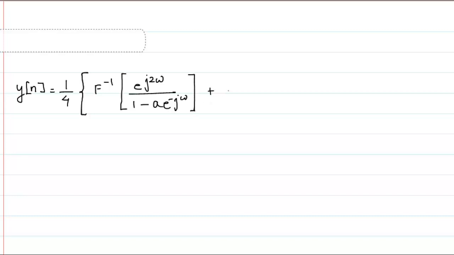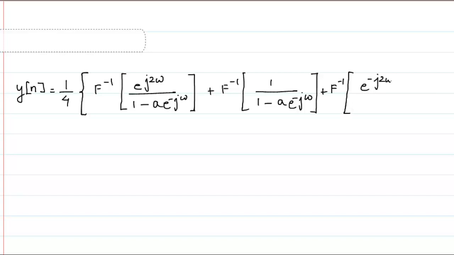Next is the Fourier inverse of the central portion, which is 1 divided by 1 minus a e raised to power minus j omega. And the third is the Fourier inverse of e raised to power minus j twice omega divided by 1 minus a e raised to power minus j omega.